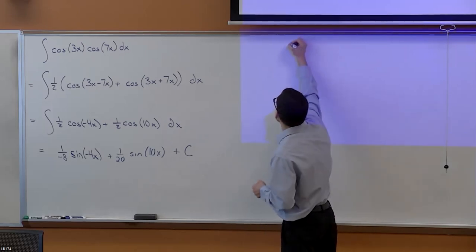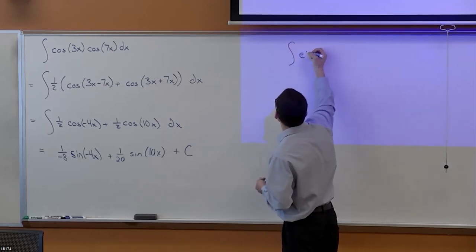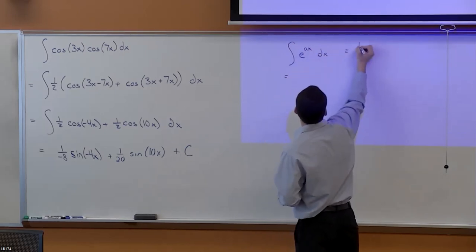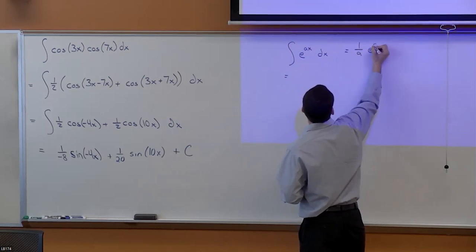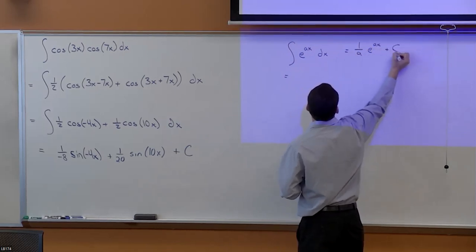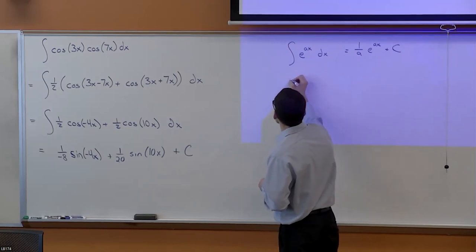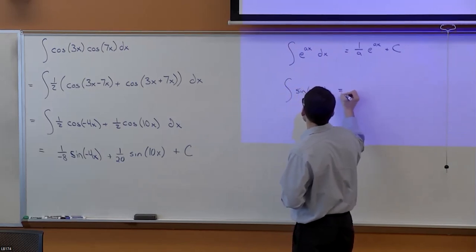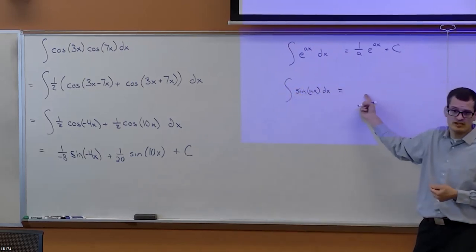It's the same thing as when you have e to the ax. And what you do with that one is you take 1/a e to the ax plus c, right? Well, if you integrate sine of ax, normally the integration of sine would be a negative cosine.